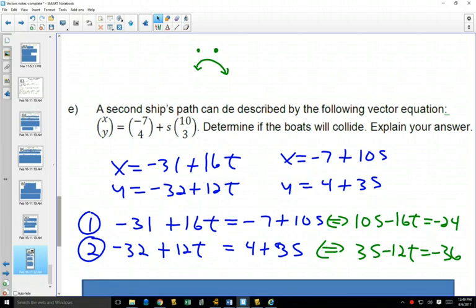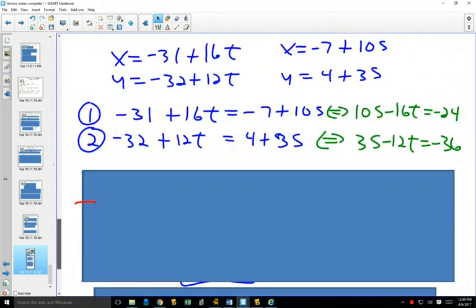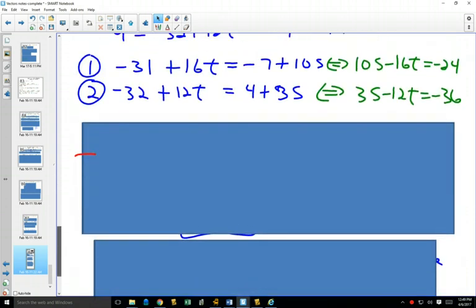Very often with parametric equations where you have two different variables and two equations. And so now what we have to do is use either substitution or elimination to solve for one of our variables, and then we can solve for the other one as well.